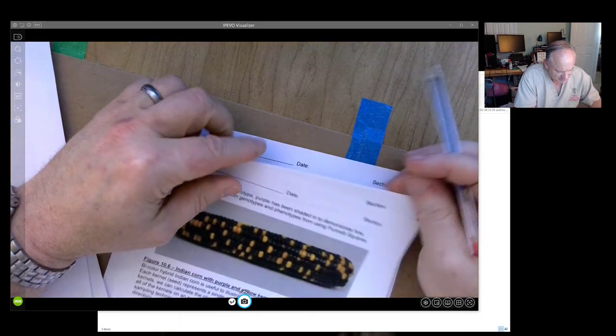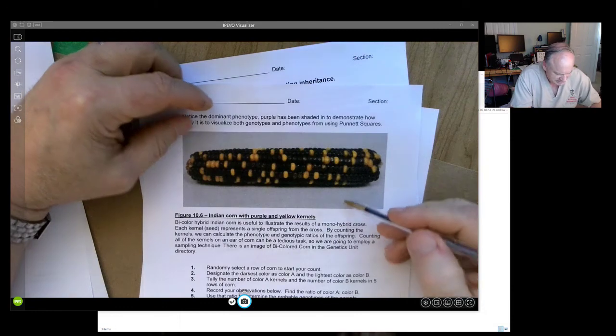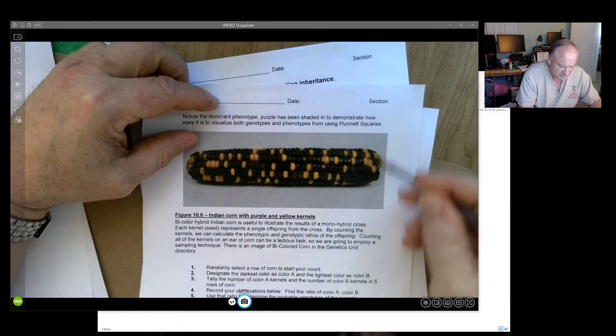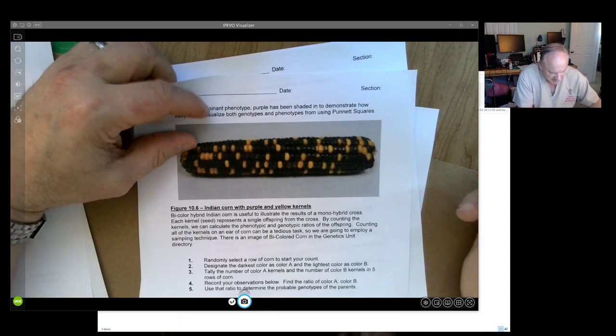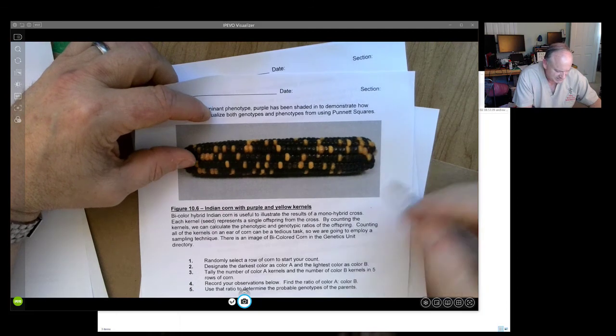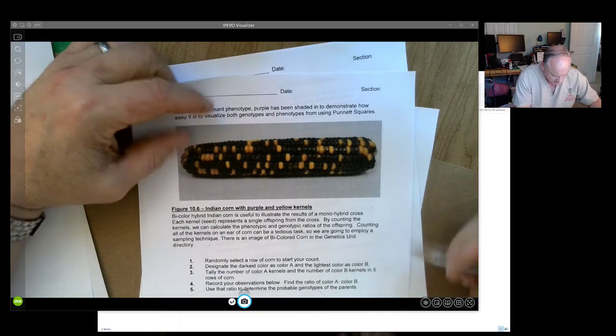There's a larger picture of the corn, and all you need to do is count down, let's say 3 or 4 rows that you can manage, which is what we would have done in class or in lab anyhow, and just count the number of black ones versus yellow and fill out the chart.